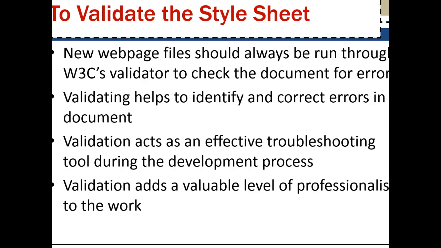We have validated our pages on W3C. So validation can act as an effective troubleshooting tool during the development process. You can go to w3.org and use the CSS validator and validate your page, and it's going to give you some of the errors that you might not have caught before.